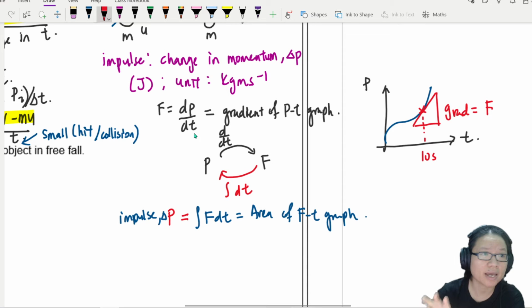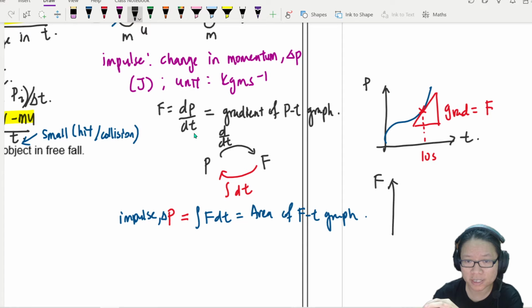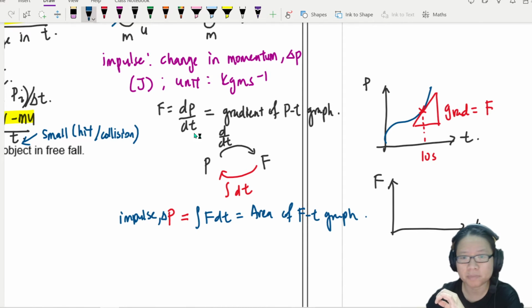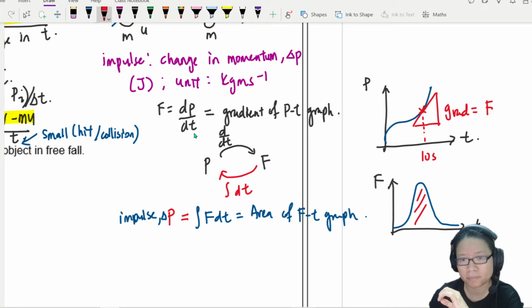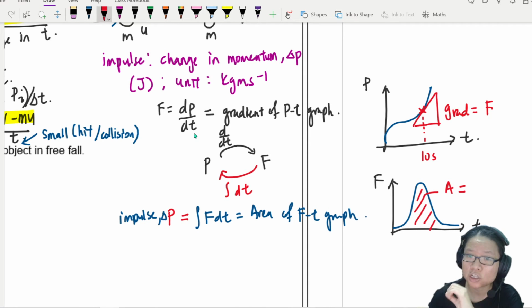And if you are given a force against time graph, maybe I apply some force here and then I don't apply some force, this area is equal to the change in momentum or impulse.